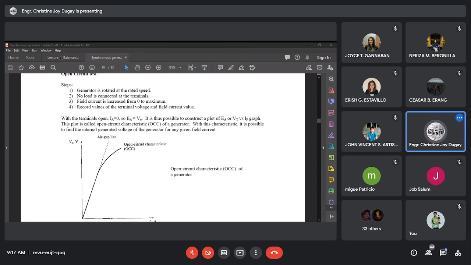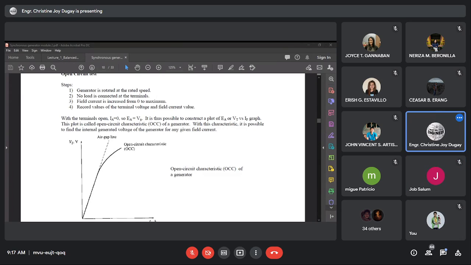Kaya hindi ko siya tinerm as same with maximum speed, kasi merong mga cases na pwede mo siyang paandarin nang mas mabilis pa kaysa sa 3,600. Nag-e-exceed siya sa rated speed, at ang tendency po nun pwedeng masira yung machine natin. Magkakaintindihan po ba tayo? Yes po, ma'am.